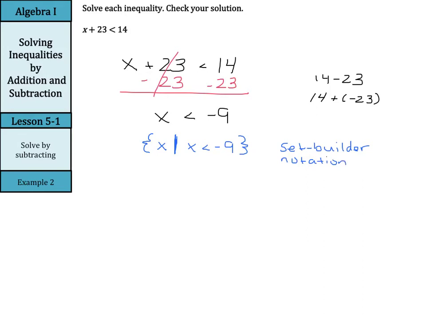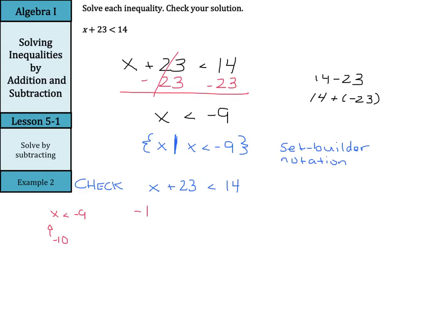Now, we are required here to check our solution. So if we rewrite the original inequality, x plus 23 needs to be less than 14, we came up with a solution that all x's are less than negative 9. So, pick a number that's less than negative 9. How about negative 10?